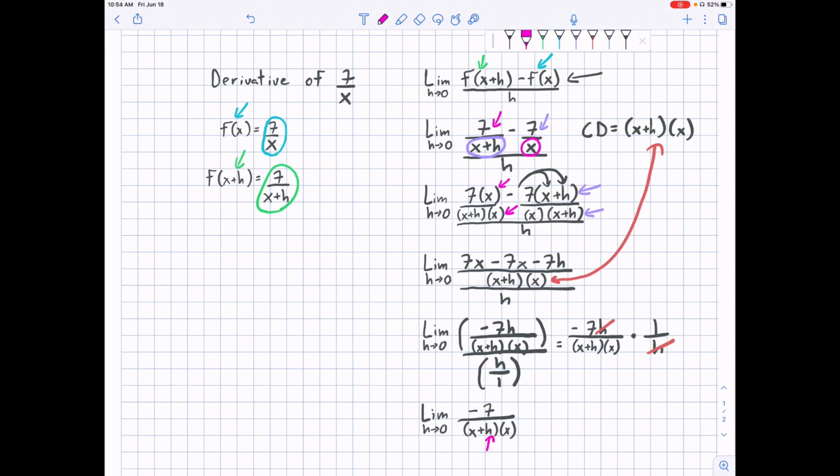So if we make it equal to 0, the denominator doesn't immediately become 0. So if I evaluate the limit by plugging in 0 for h, I end up with minus 7 over x plus 0 times x, which then equals minus 7 over x times x. And running out of space here, but I can squeeze it in, minus 7 over x squared. And there is your derivative.